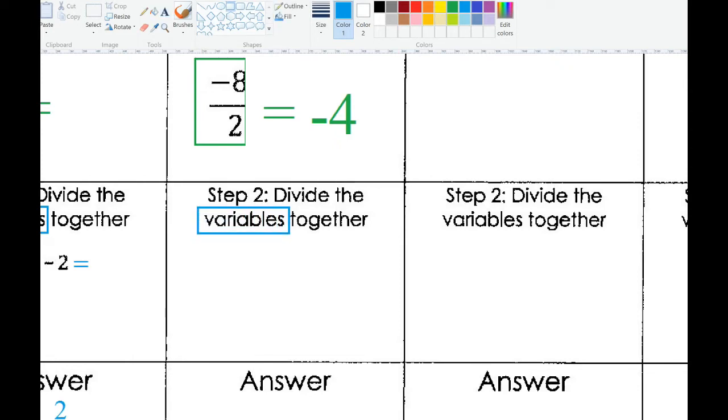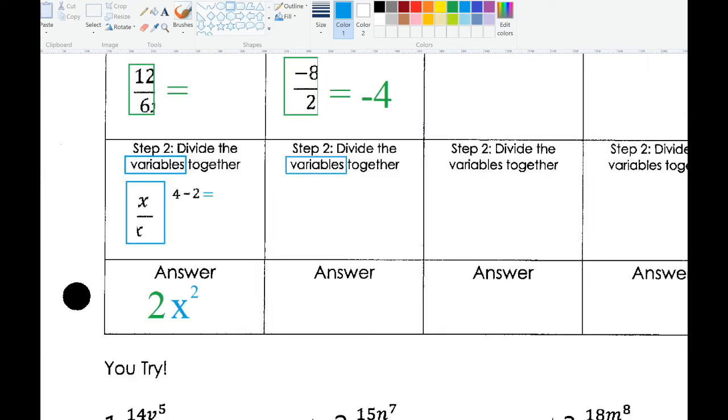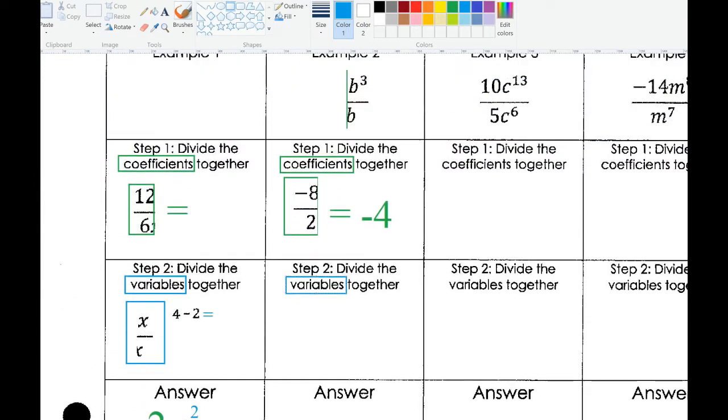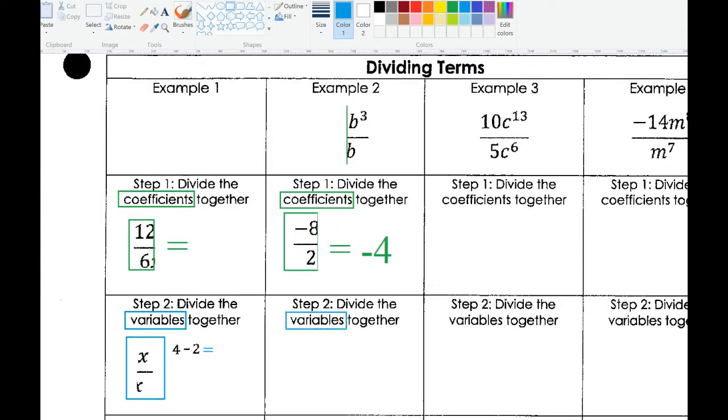The variables. What are the variables in this question? Well, we're going to highlight those variables in blue. There you go.